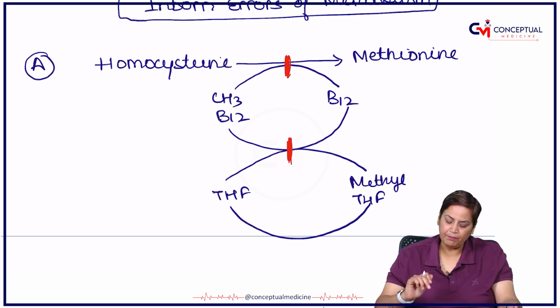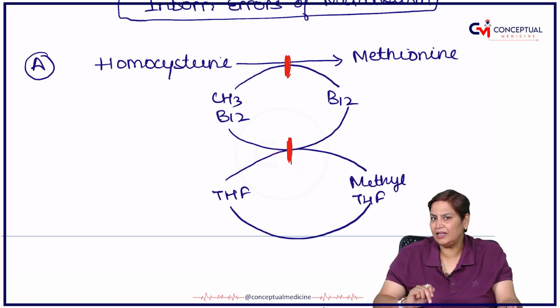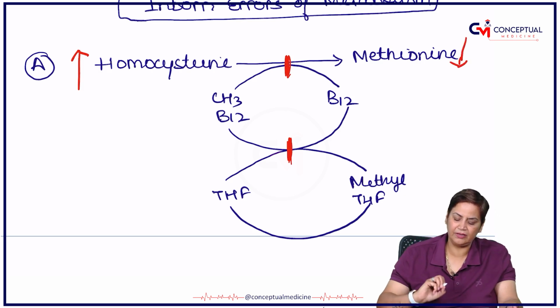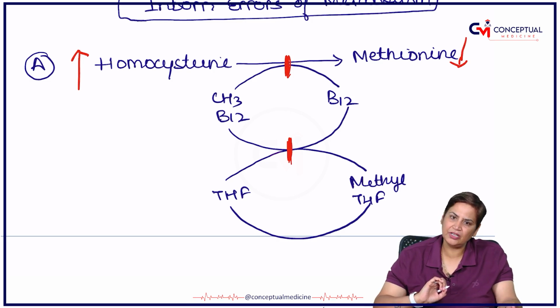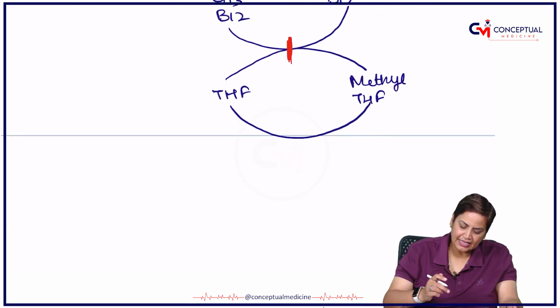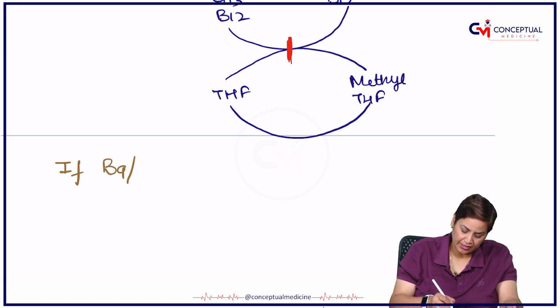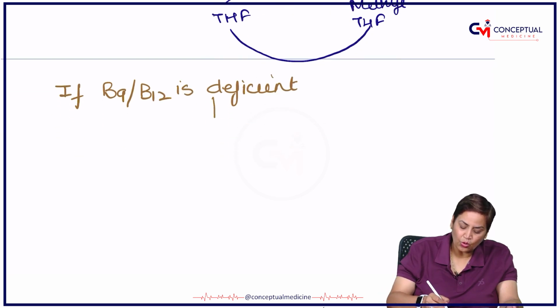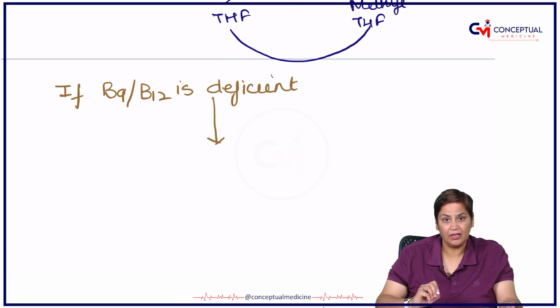So whether B9 is absent, whether B12 is absent, it will lead to increased concentration of homocysteine and decreased concentration of methionine. It's clear from the picture itself. So I can say that if B9 or B12 is deficient, it will lead to homocystinuria, means increased concentration of homocysteine.